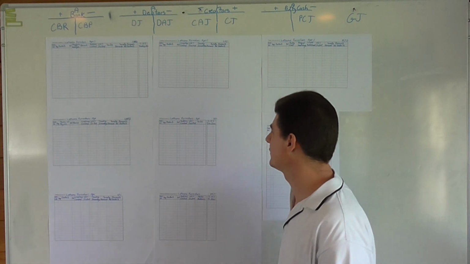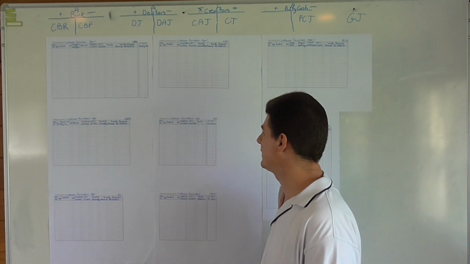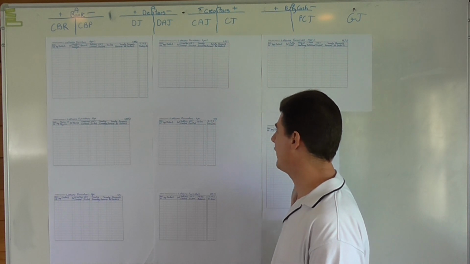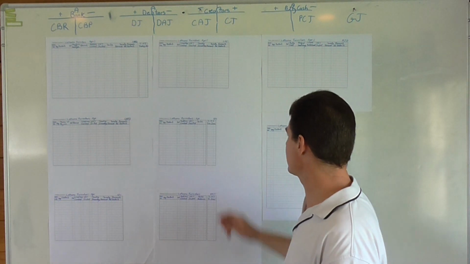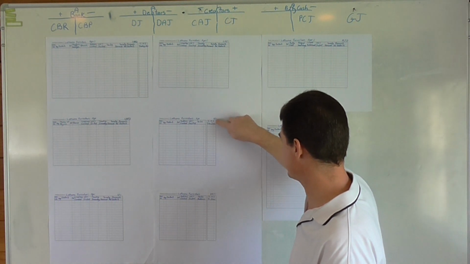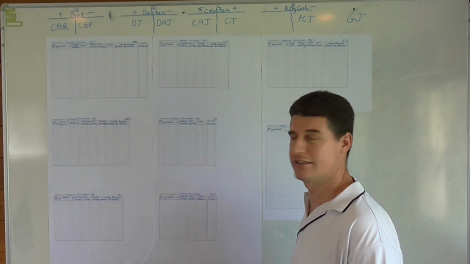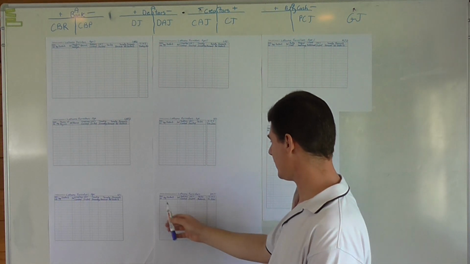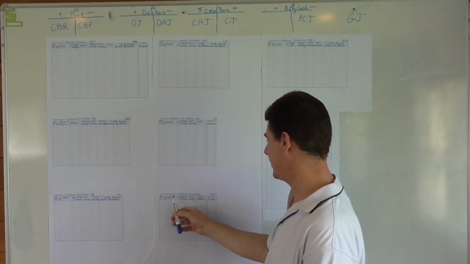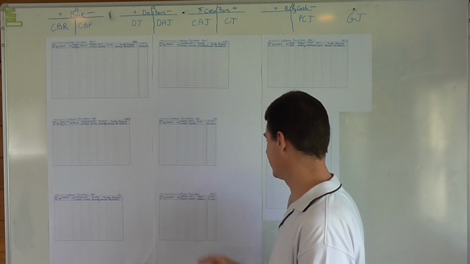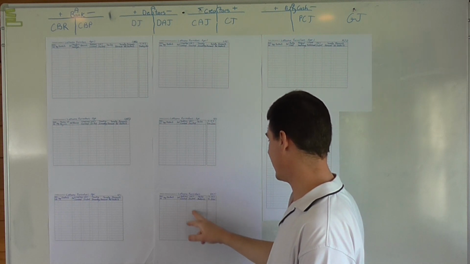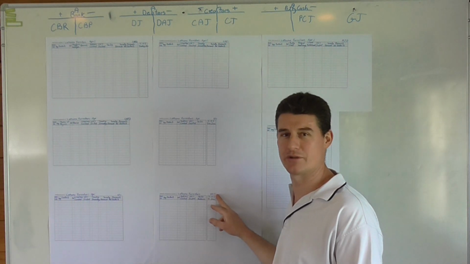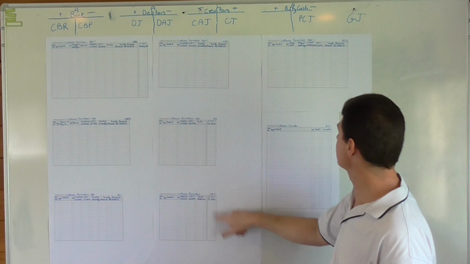Your debtors journal is your document number, day, details, folio, debtors control, VAT output, your sales, and then cost of sales and trading inventory in that last little column. Your debtors allowance journal is your document number, your day, details, folio, debtors control, VAT input, sales returns, cost of sales and trading inventory in that last little column.